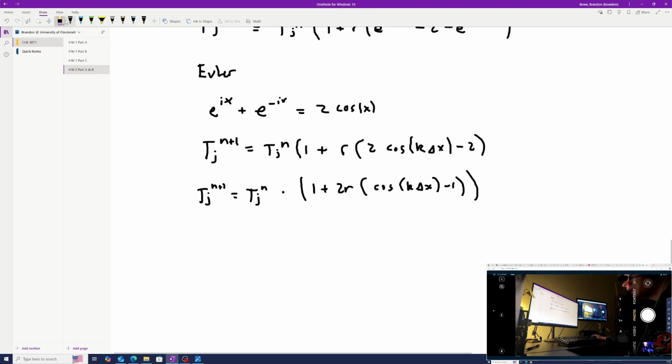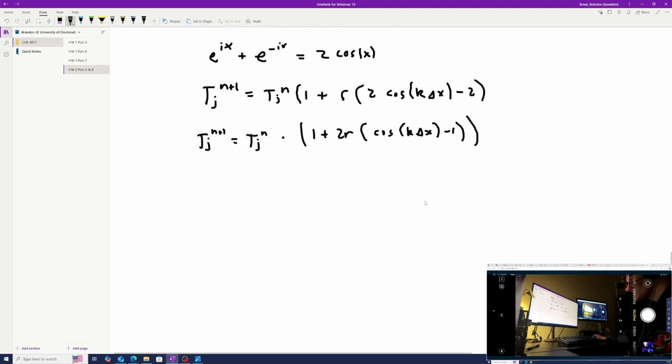So what we can do here is we know that the absolute value of this, the absolute value of 1 plus 2r (cosine k delta x minus 1), is always going to be less than or equal to 1.